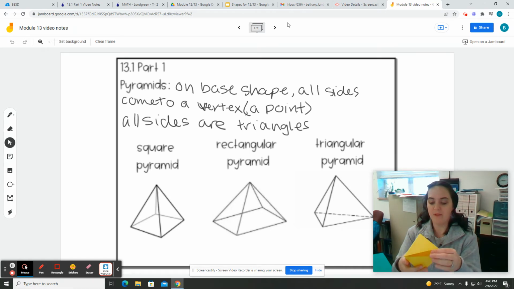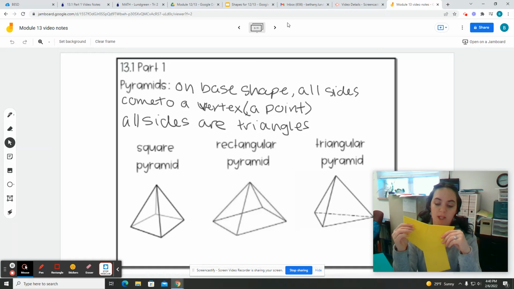Now when I unfold this, I can see all the individual sides. Because the bottom is a square, all the sides are the same length. On a square pyramid, all the triangles are identical to each other because the bases and the sides have to match up on the square, and the square has equal, identical length sides all around.